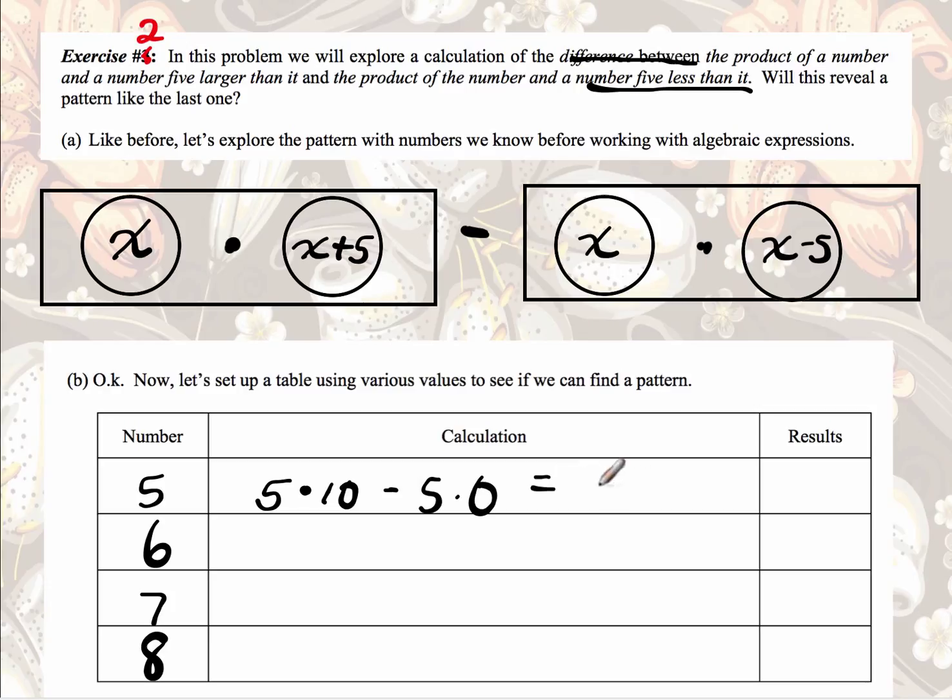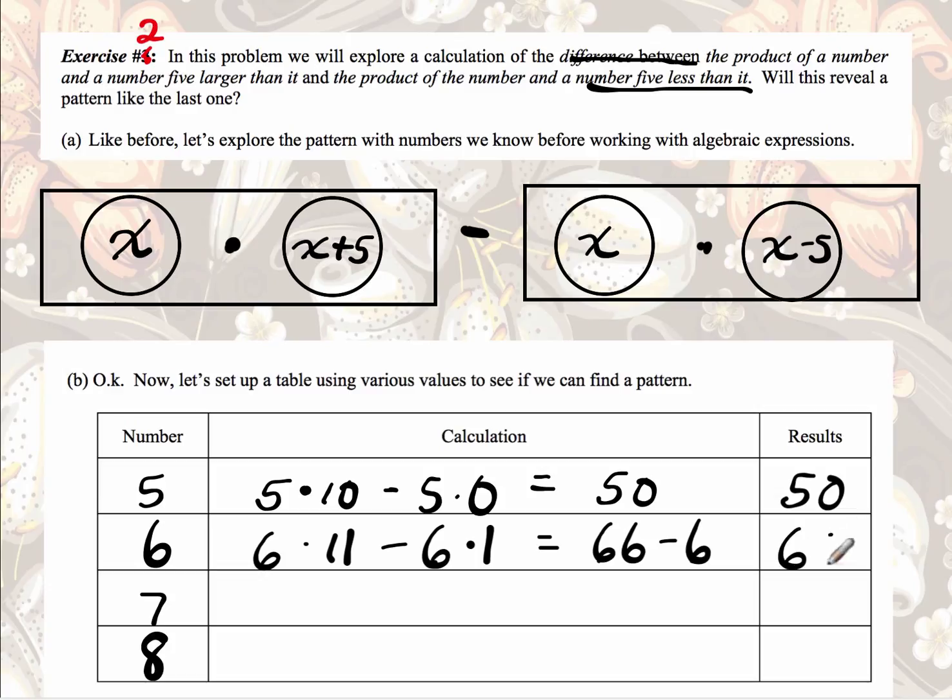Okay, so that turns out to be 50. Right, next number is 6. The difference between the product of a number, 6, and a number 5 larger than 6, which is 11. Now I subtract from that the number and a number 5 less than 6, which is 1. So 66 minus 6.